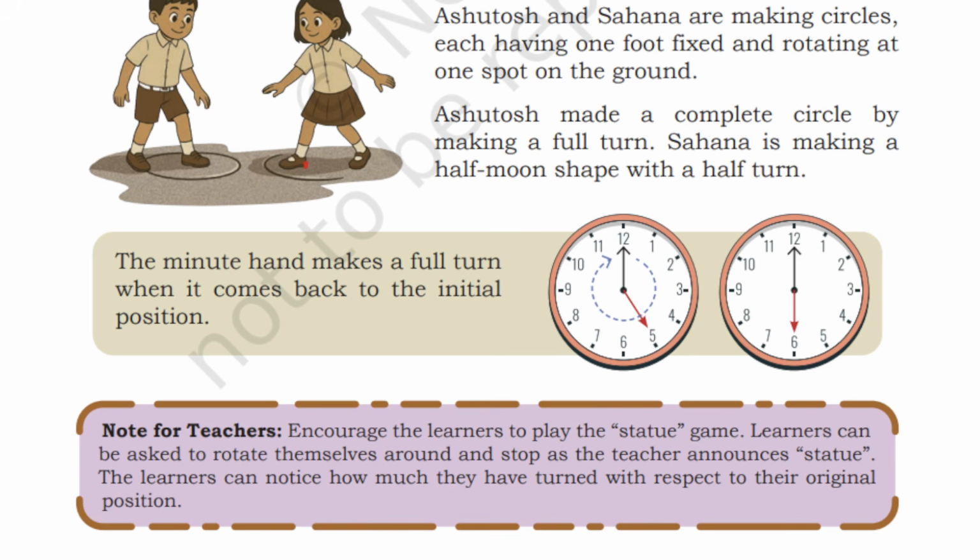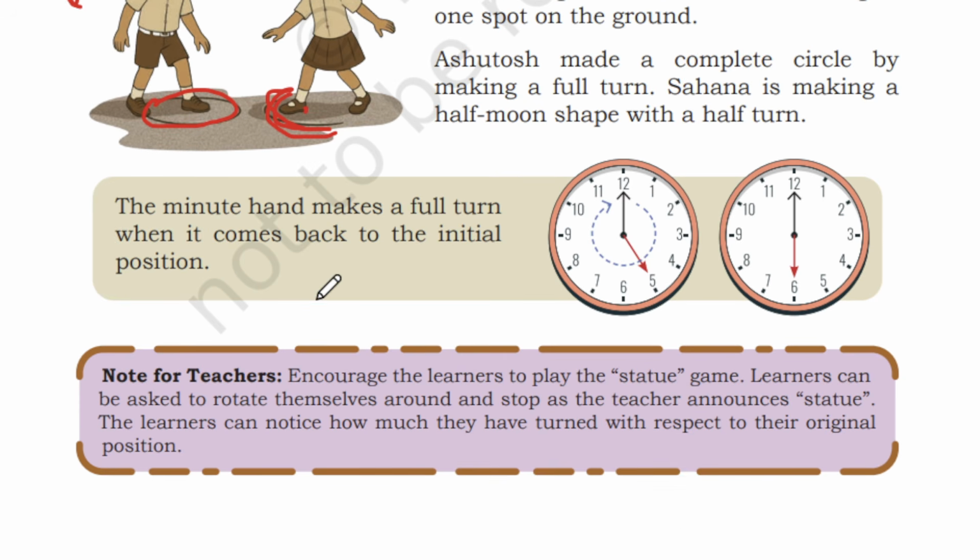So here he is Ashuta and she is Sahana. Ashuta made a full turn and Sahana made a half turn, a half moon shape with a half turn.